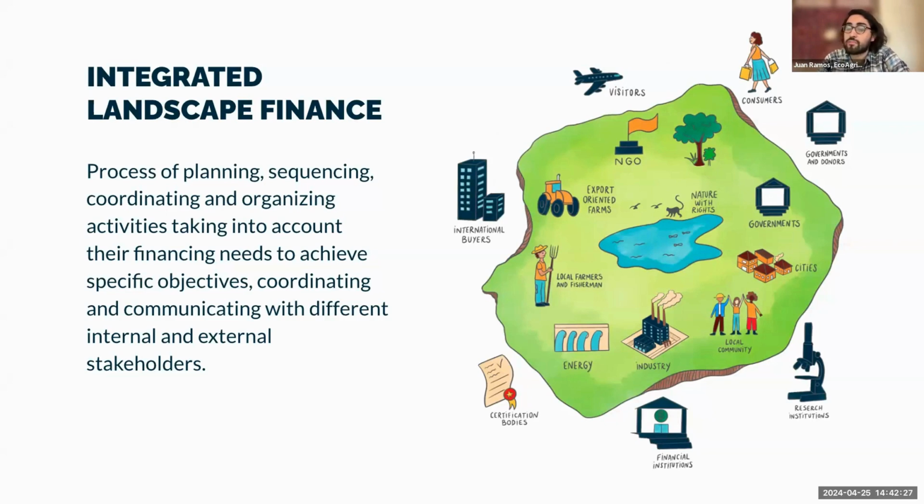Everything from production to processing, governments, NGOs, civil society, infrastructure, certification, and finance, they all interplay and are interdependent in different ways. And the importance is being able to make sense of everything that's going on to really make progress over time.